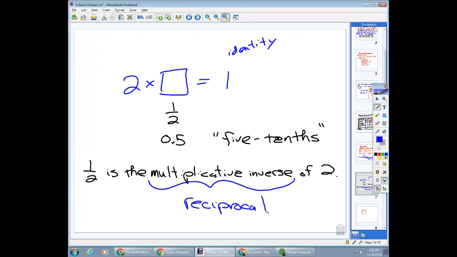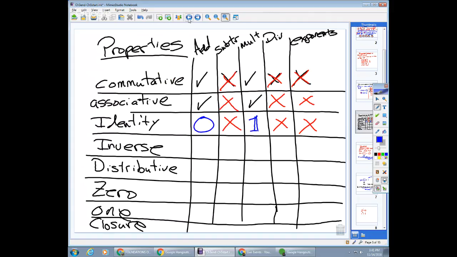All right. So going back. As far as inverse goes, for whole numbers, there is no additive inverse. Definitely nothing for subtraction, multiplication, division, or exponents. We have to broaden our horizons to bring in other numbers. Wanting that additive inverse means I have to start looking at other numbers.